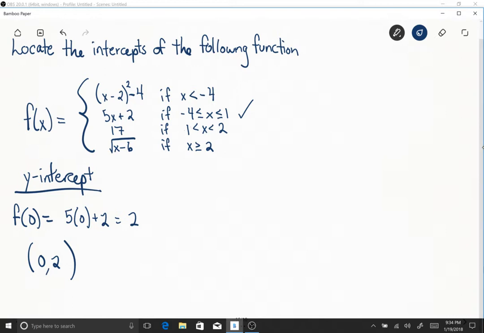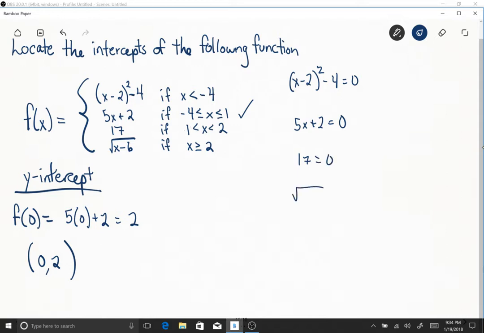So now for our work for the x-intercepts, I'm actually going to need to do some work on the side here. First off, we'll set each of these equations equal to 0. So x minus 2, the quantity squared, minus 4, equals 0. And I'll give a little space. I'll do 5x plus 2 equals 0. I'll do 17 equals 0.